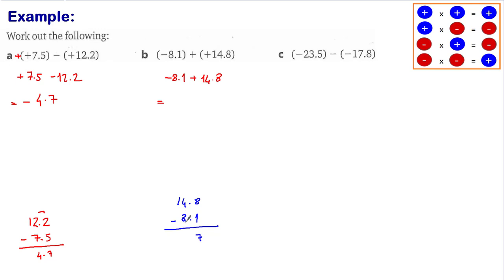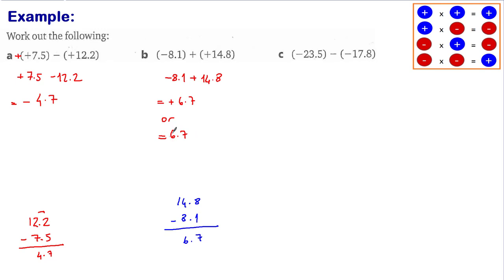From 4, if you subtract 8, it's not possible, so from 14, if you subtract 8, it's going to be equal to 6. So the answer is 6.7. And if you see here, the bigger number is positive, so the answer must also be positive, plus 6.7.